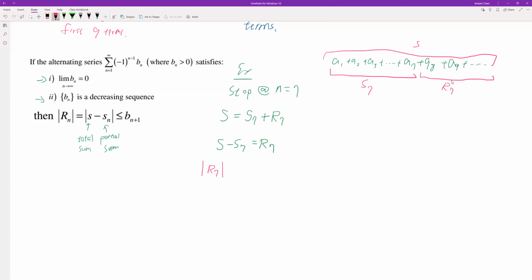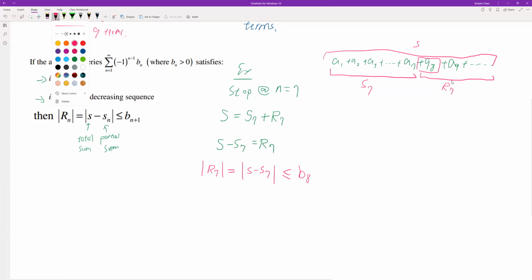The absolute value is equal to the absolute value of S minus S7. And from the theorem, this is less than or equal to B8, or A8, in this case B8. So it's less than or equal to the first term in R7.